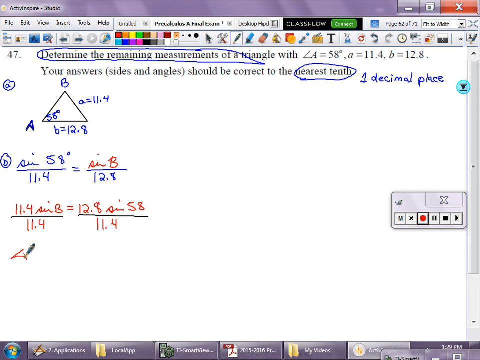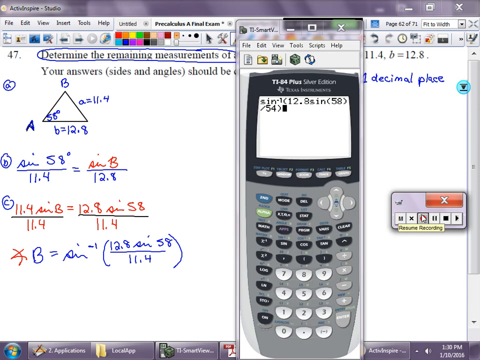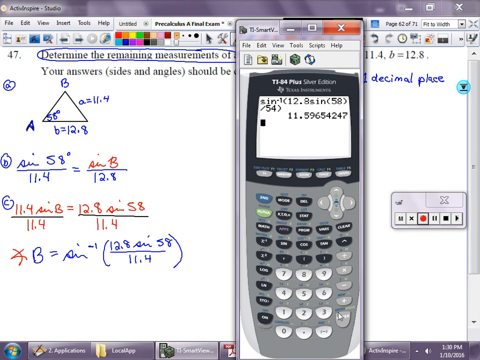And angle B, we're going to go right here to angle B. So this is C. Angle B is equal to sine inverse of everything that's here, divided by, let's put that in our calculator. Making sure you have everything in parentheses. Press enter. And we have a very small angle. Make sure you put it down.